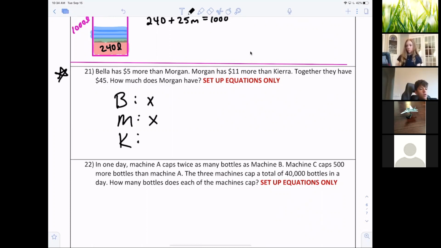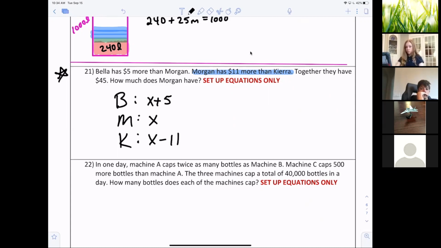This is the hard part right here. Now, what is Morgan's relationship with Kiara? Morgan has more, so that means Kiara has less. So I hope you understand you should be writing for K what? Yes, X minus 11.